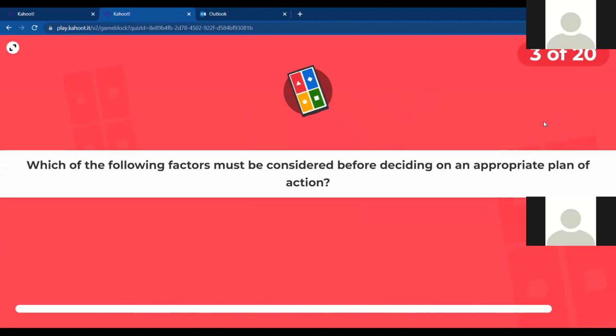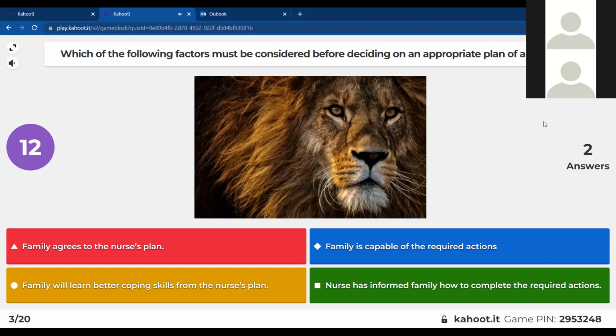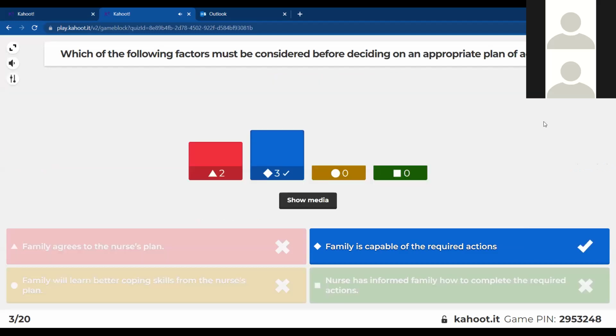Which of the following must be considered before deciding on a plan of action? The family agrees to the plan, family will learn better coping skills, are capable of the required actions, or the nurse has informed family how to complete the actions. We got mixed reviews on that one. Why is it more important before deciding on a plan of care?